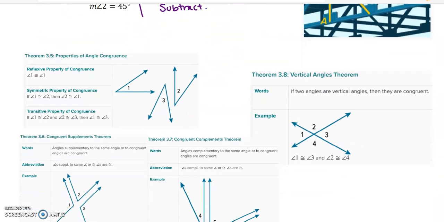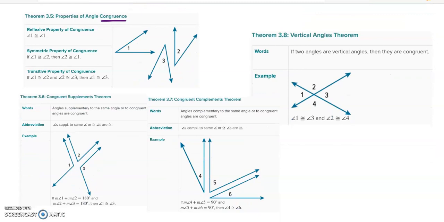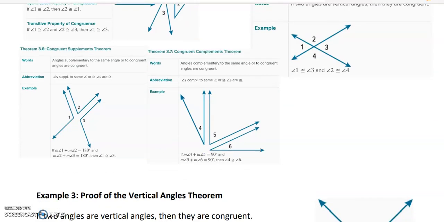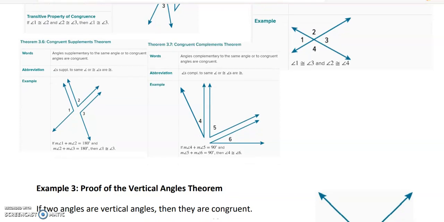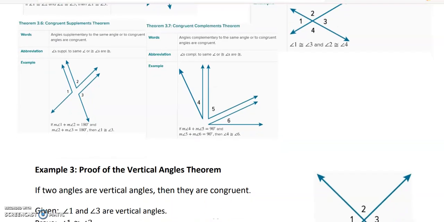So reflexive, symmetric, and transitive, again working with congruence and equals. Vertical angles, theorem or definition, those are congruent to each other. And using our congruent supplements theorem and congruent complements theorem, what that basically says is if they are supplementary to the same angle, then those angles are congruent.